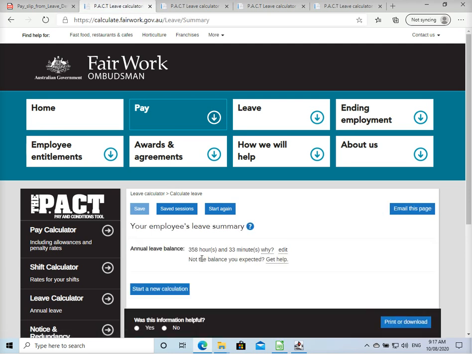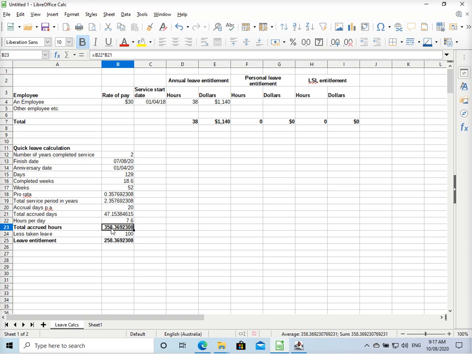Okay, and it has said it's 358 hours and 33 minutes. So let's compare that to what I calculated. I said 358.36. 358 hours and 33 minutes in decimal format equals 358 plus 33 over 60.